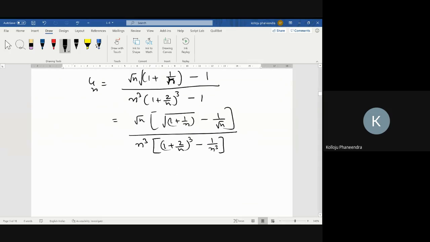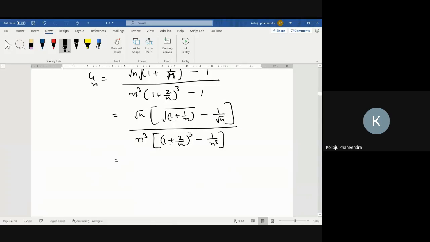So this is 1 by n power 3 minus half, that is n power 5 by 2. Isn't it? This is 1 plus 1 by n minus 1 by root n, whole by 1 plus 2 by n whole cube minus 1 by n cube.